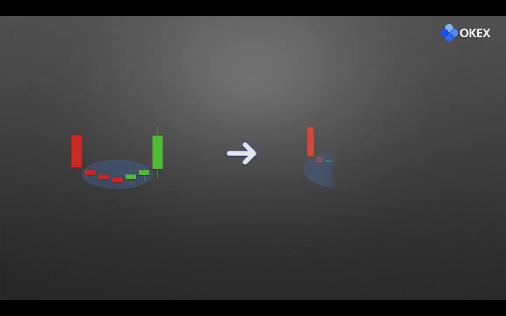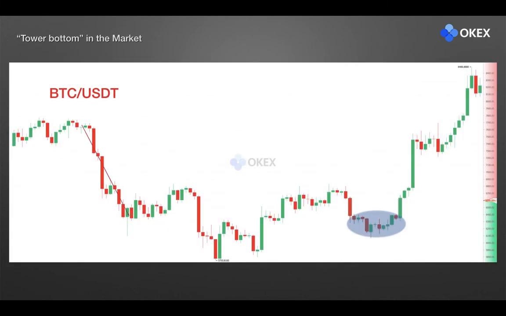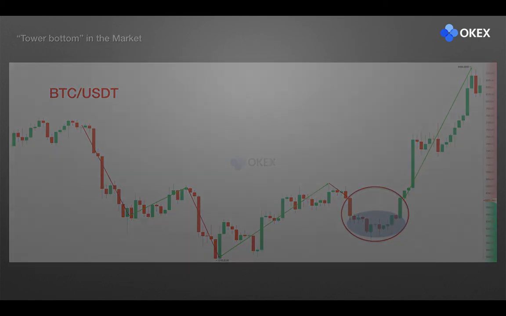Let's take a look at what an actual tower bottom looks like in the market. For graph 1, the actual appearance is very close to the schematic diagram of the tower bottom. This screenshot is from a 6-hour chart of the USDT pair in the OKEx C2C trading area. We can see the tower bottom appear in the uptrend, followed by a new range of upswings. And this is another variation.